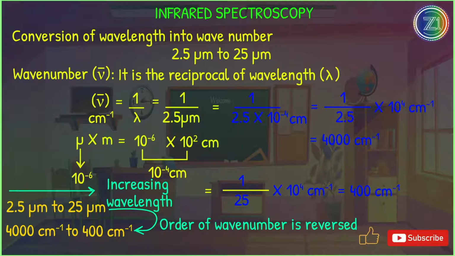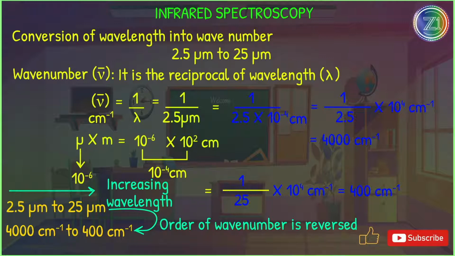Now let us understand why I have converted the wavelength into the wave number. It is converted into the wave number for convenience. Actually, the wave number is in direct relation with energy.